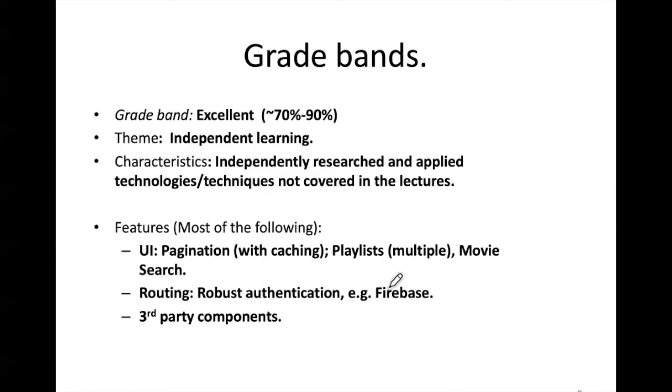Firebase is by far and away the most popular one, I would say, and integrate that with your React app as an alternative to the basic authentication that we had from the previous grade band. There's lots and lots of blogs and articles online that show you how to wire up a React app with a Firebase authentication backend service.